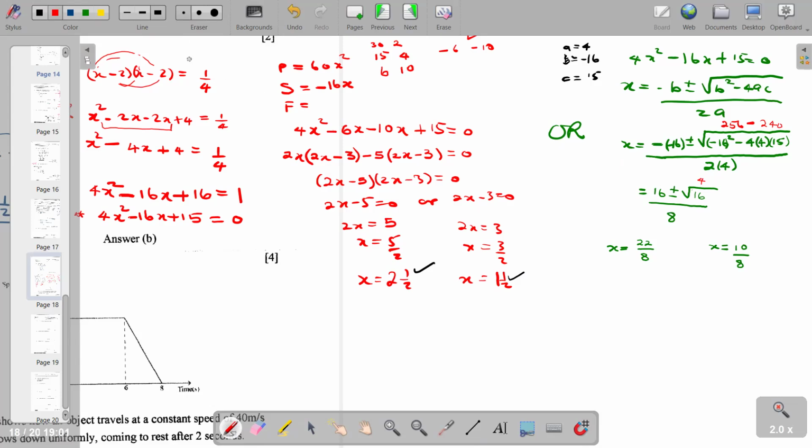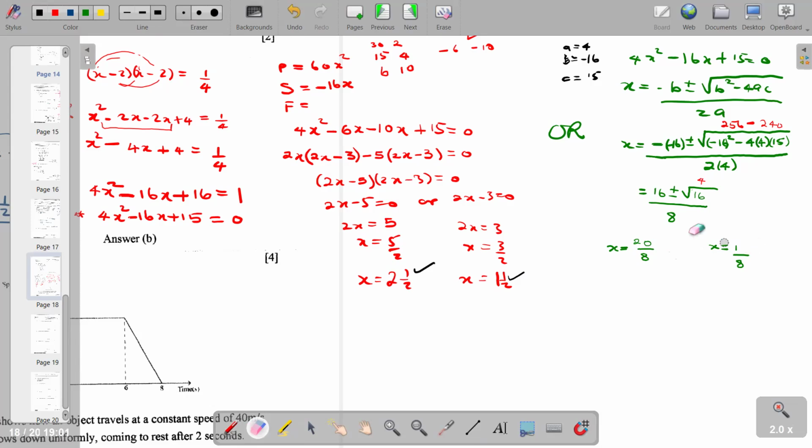So you know that our answer is going to be 16 plus 4. It means this one is supposed to be 20 over 8, or 16 minus 4 is supposed to be 12.